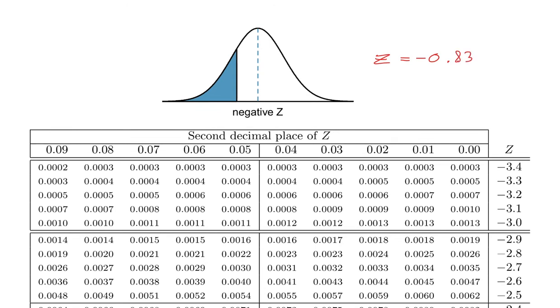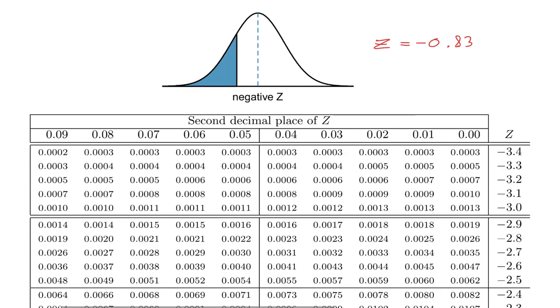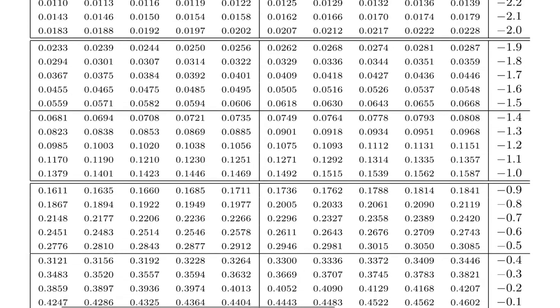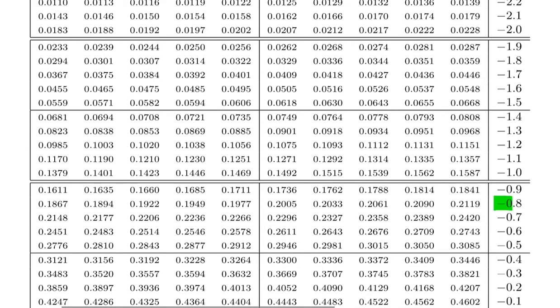In order to find this probability on the table, we are going to look at the rightmost column that has z as a label and take the whole number and first decimal place of that z-score, negative 0.8. We're going to scroll down until we find negative 0.8. Just pretty far down, we find it here.